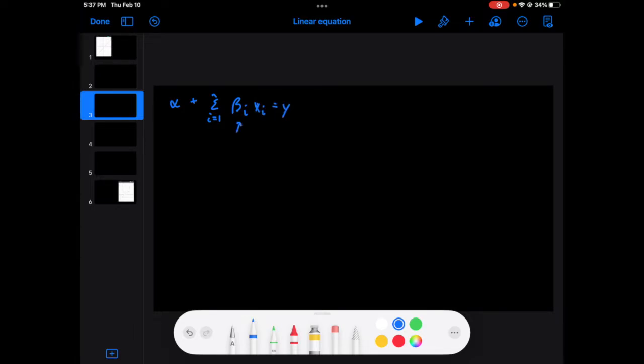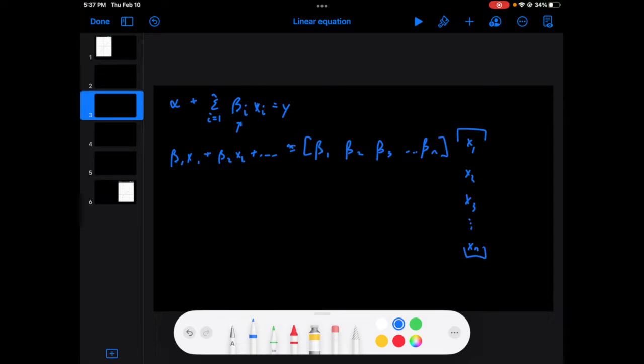But if we can unpack this, right, it is beta 1 x1 plus beta 2 x2, and so on, which is actually the same if we have these in vector form, beta 3 all the way through beta n, and we're multiplying that by a column vector of x1, x2, x3, all the way down to xn.